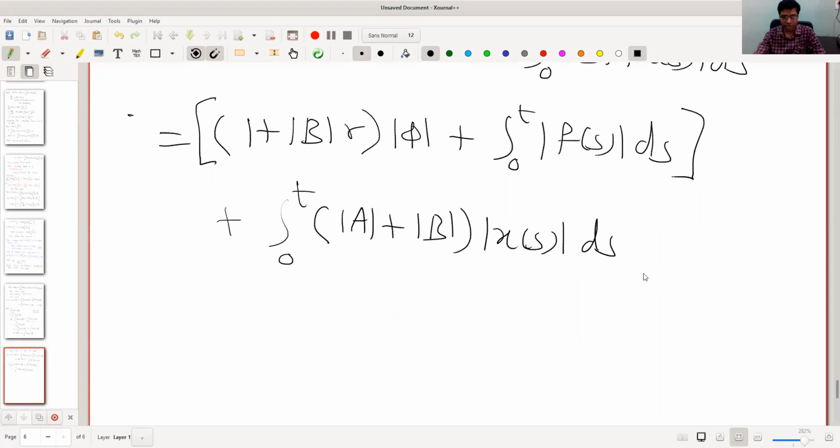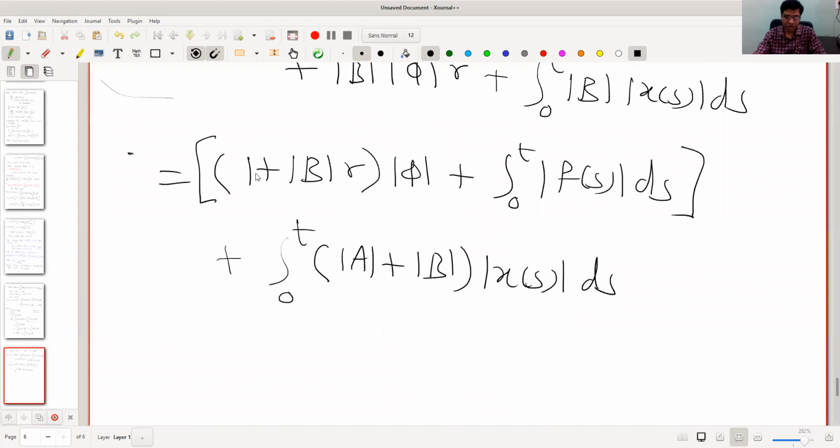Okay, so if we call the first square bracket alpha of t and this mod A plus mod B as beta, then this alpha is non-decreasing. You can see mod B is positive, r is positive, norm phi is non-negative, and this integral is also non-negative. So alpha is non-negative.